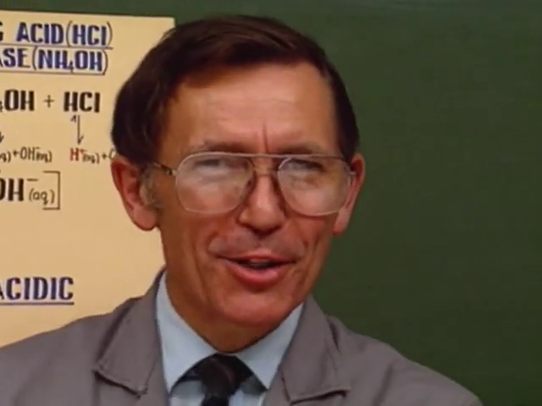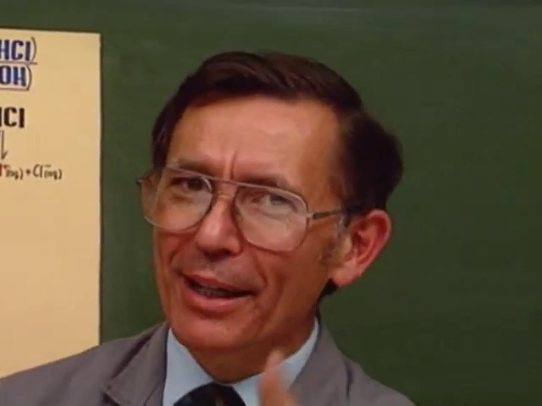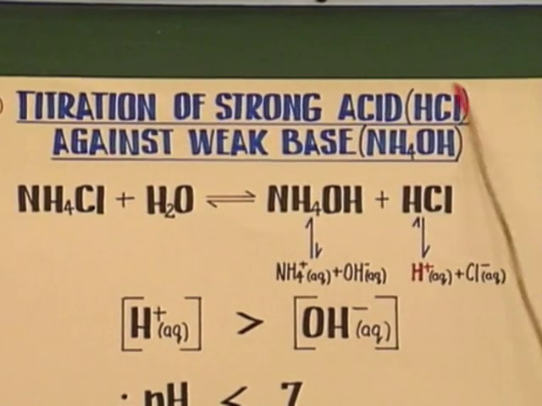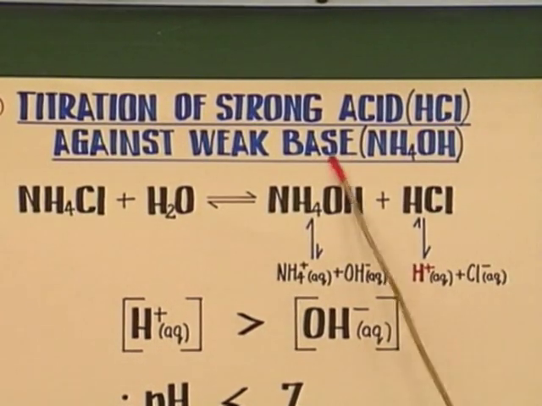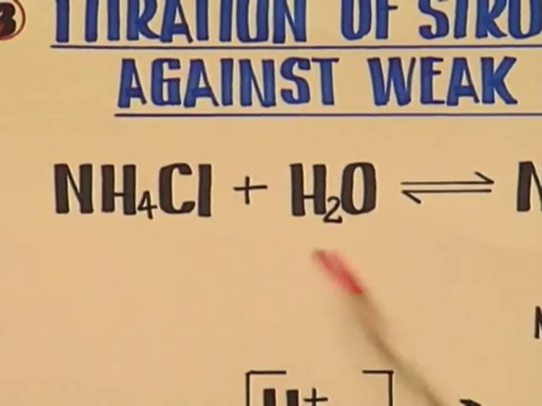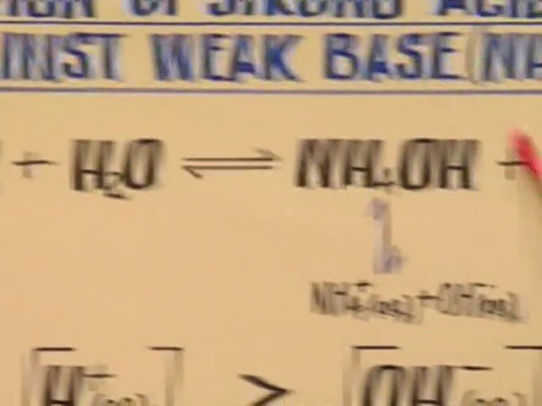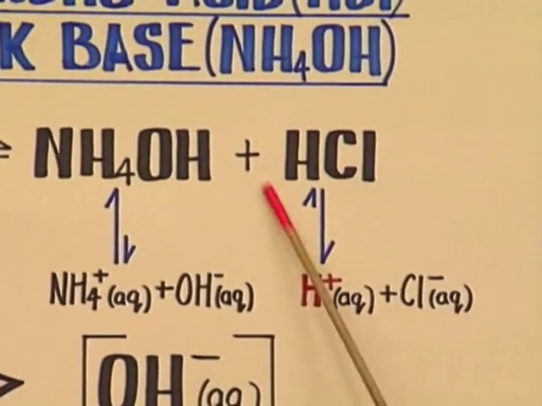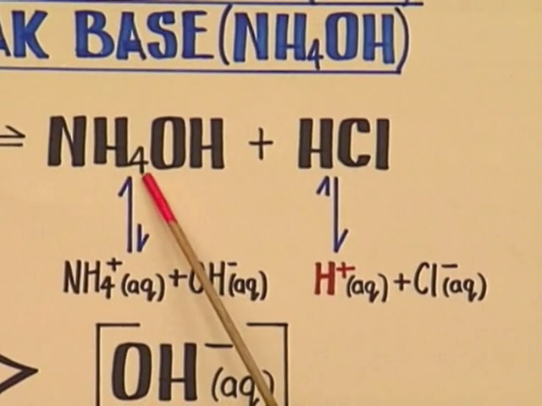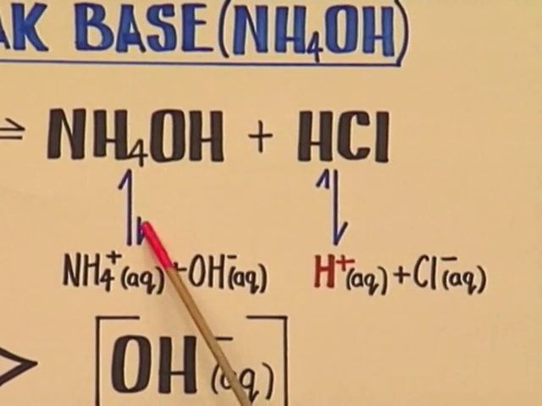What about the titration of a strong acid against a weak base? Let us look at the titration of the strong acid, hydrochloric acid, against the weak base, ammonium hydroxide, to give the salt ammonium chloride, which hydrolyzes with the water to form ammonium hydroxide and hydrochloric acid. Ammonium hydroxide is a weak alkali. What does that mean? It means it only dissociates very slightly.